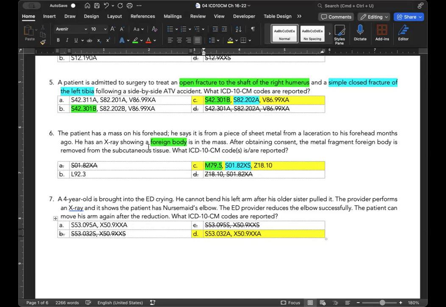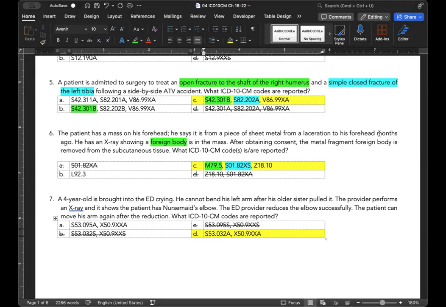We know how that foreign body got in there, because it came from that laceration that happened months ago. So if we know the foreign body is a result of a laceration, we want to make sure that we code the laceration and the sequela phase of that. Does that make sense?